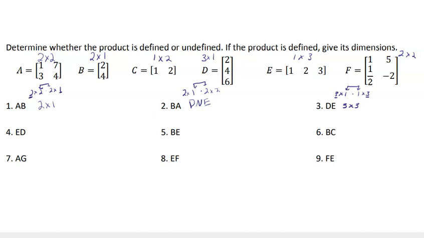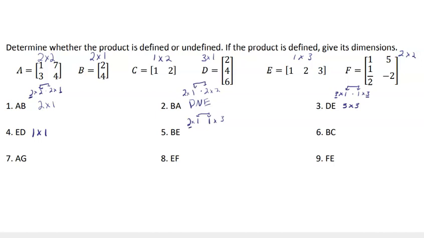ED is a 1 by 3 times a 3 by 1. So we get a 1 by 1 out. BE, this is a 2 by 1 times a 1 by 3. Again, columns of the first are the same as the rows of the second.